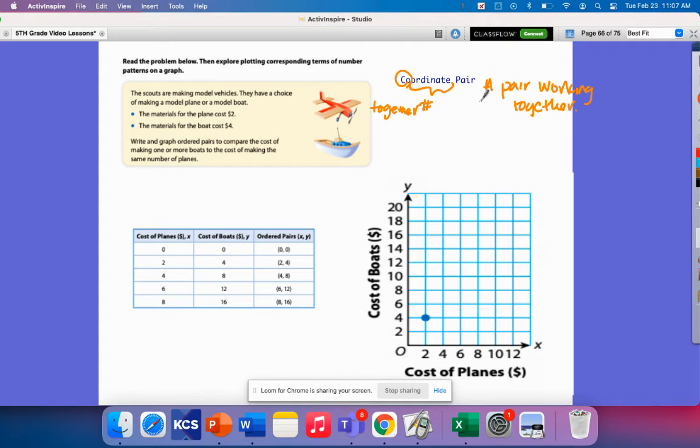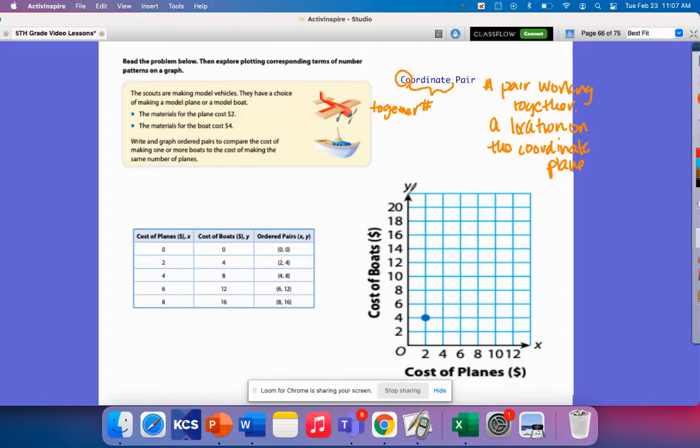It also represents a location on the coordinate plane.